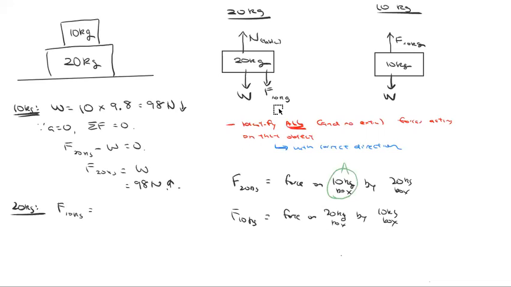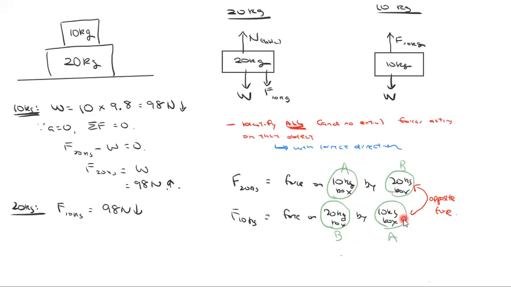So let's just replace it by A and B. This is the force on A by B, and this is the force on B by A, right? What's the relationship between these two forces? They are the opposite force, remember? Newton's third law. So therefore, we know for sure that this is 98 newtons down because these forces are opposite.